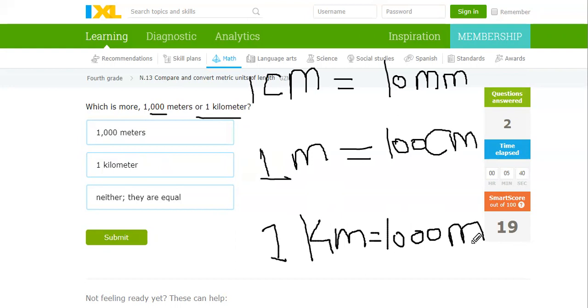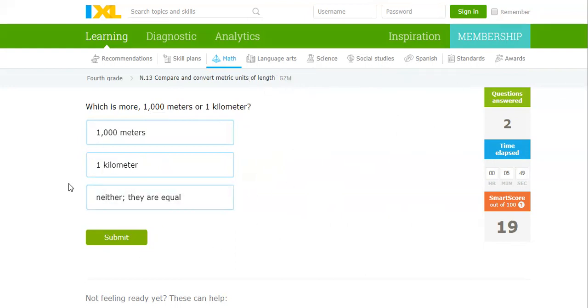Kilo means thousand. 1 kilometer is 1,000 meters. So which is more?